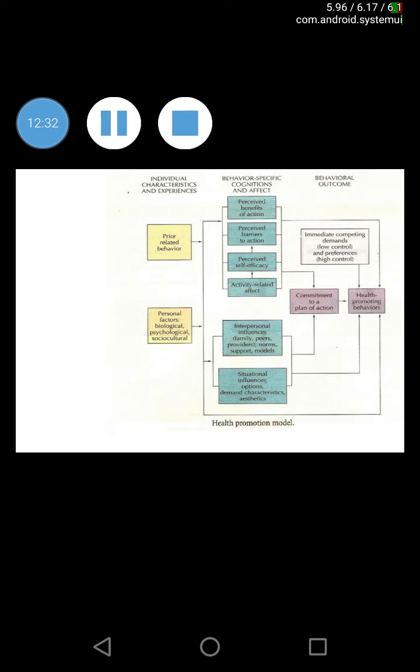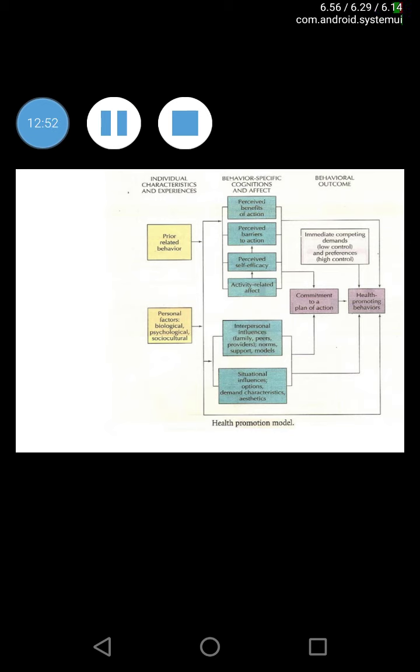The personal factors are biological, like his age, body mass index, agility and health status; psychological, his self-esteem; and socio-cultural, his race and socio-economic status.